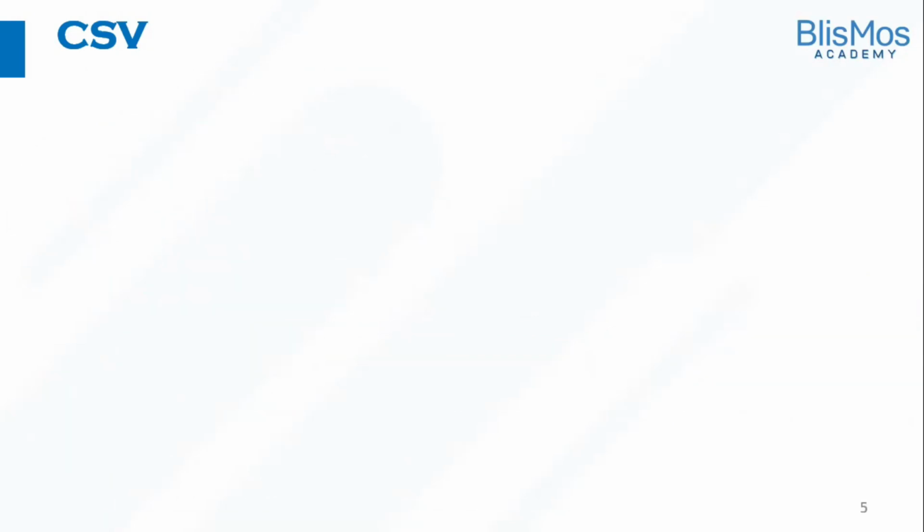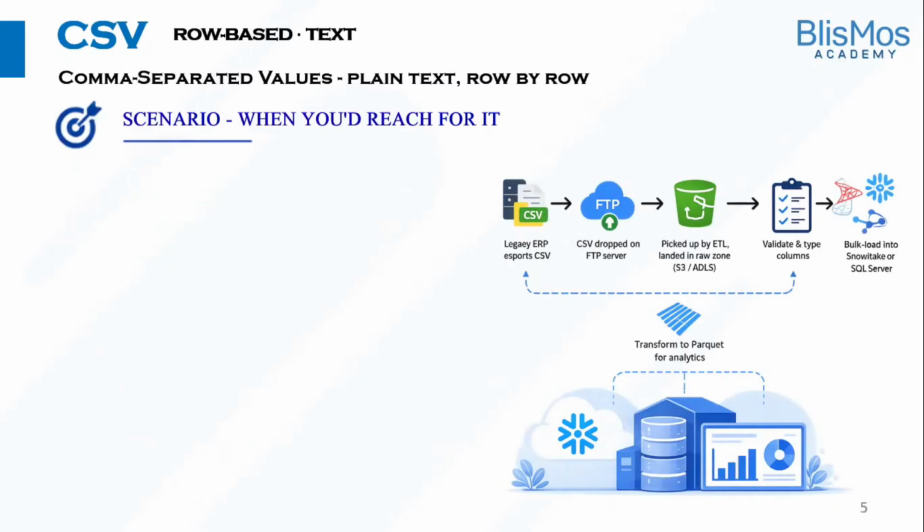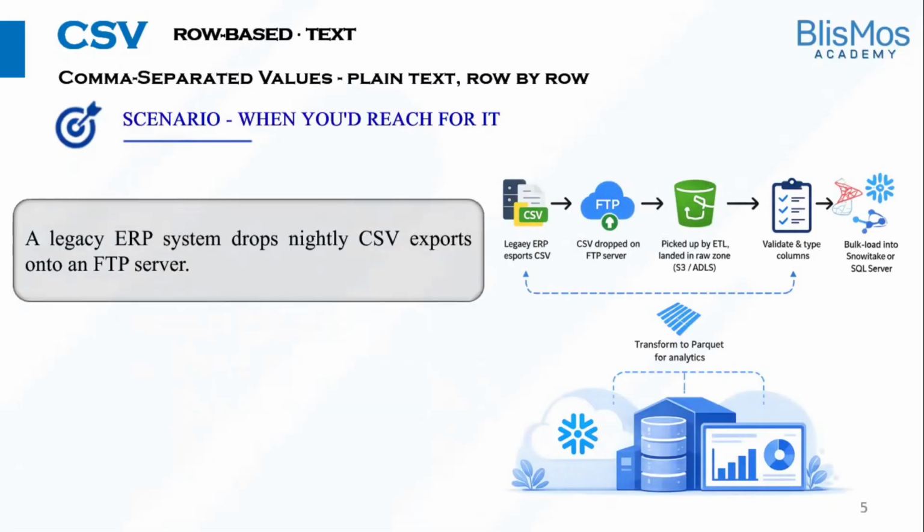So, let us look into a real world example with CSV. Imagine you're working with a legacy ERP system. Every night, that system generates a CSV file containing customer or transaction data and drops it onto an FTP server.